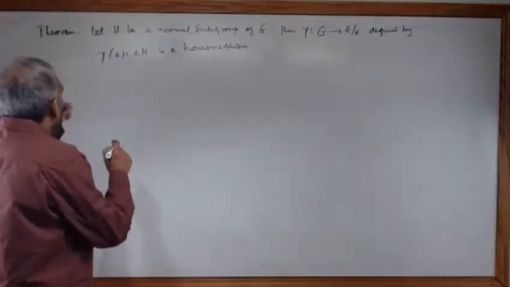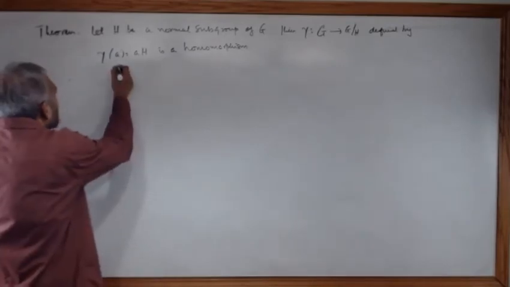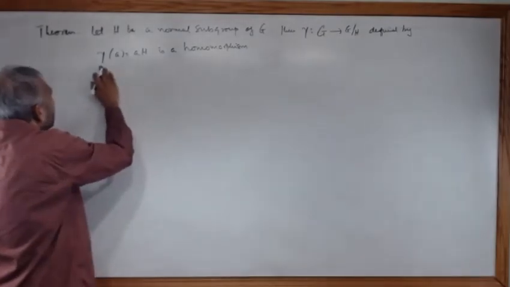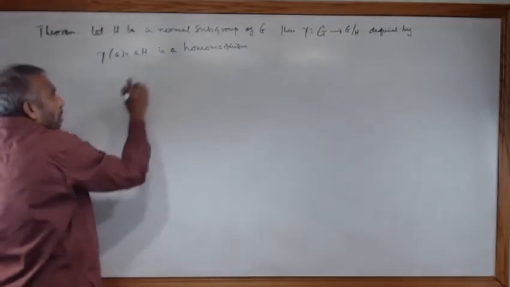So what we need to do here is we'll take two elements from G and see whether this gamma obeys the rule of homomorphism.